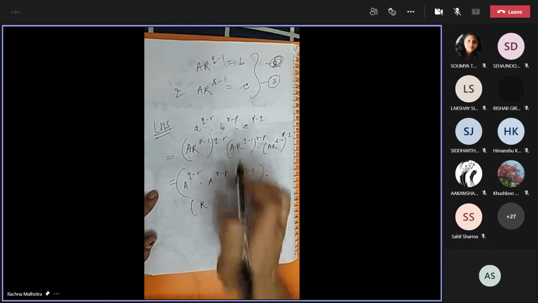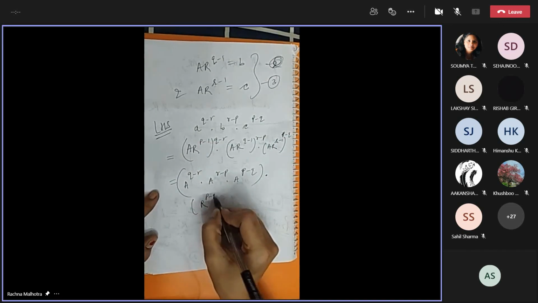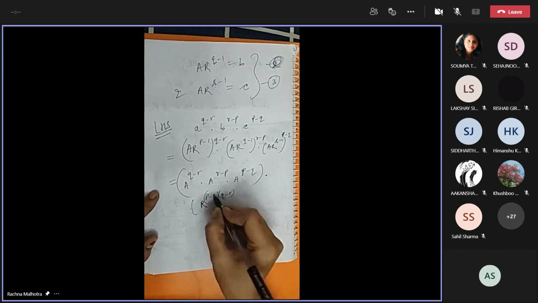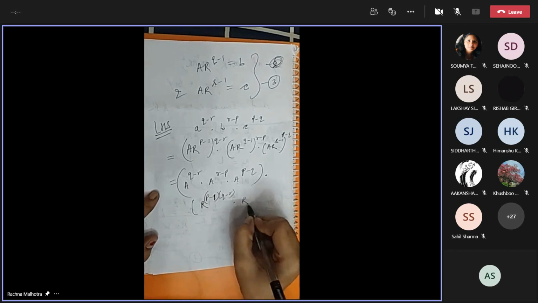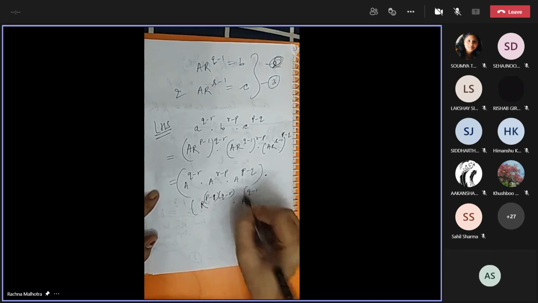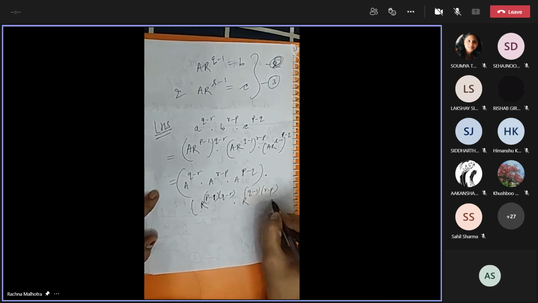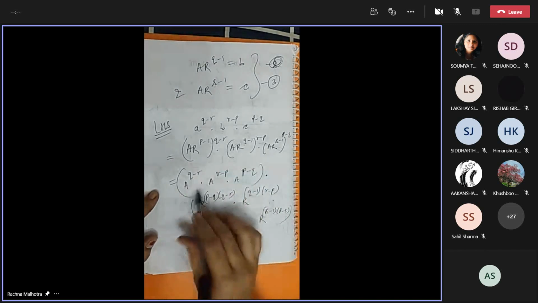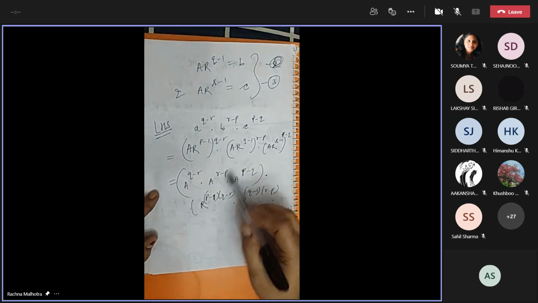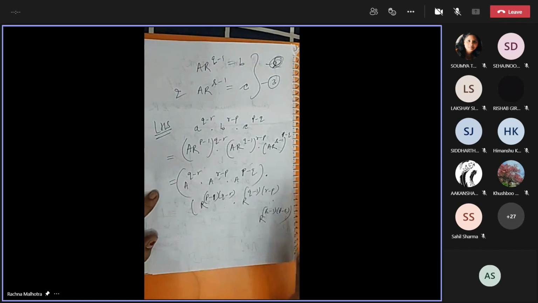You can see P minus 1 multiplying with Q minus R. Again, one more R is there, Q minus 1, R minus P. One more R is there, R minus 1, P minus Q. So by using laws of exponents, P cancels out, R cancels out, A to the power 0.